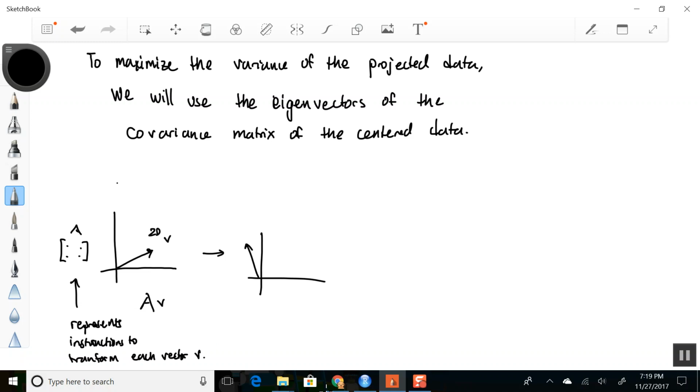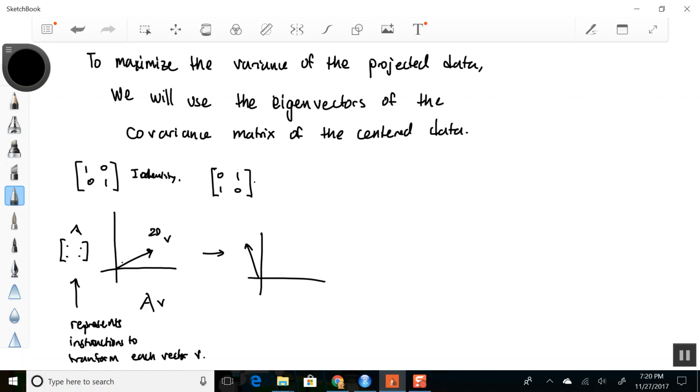For example, the identity matrix just says don't transform it, leave it as is. But another matrix would flip the result: it swaps the x and the y coordinates.